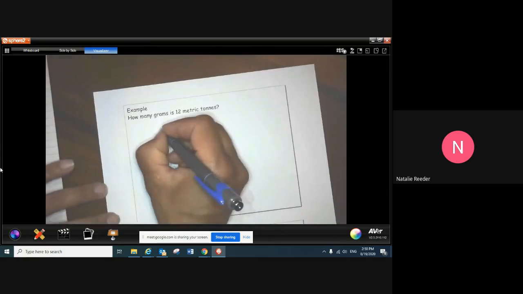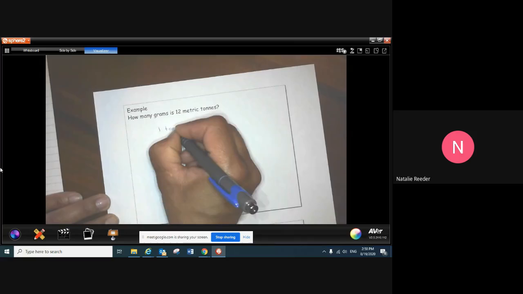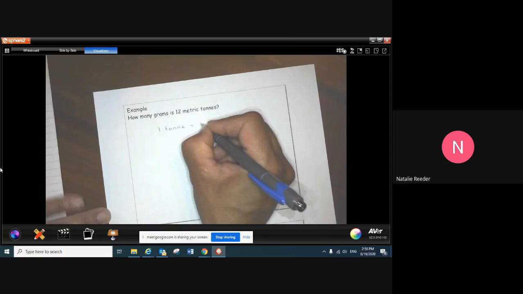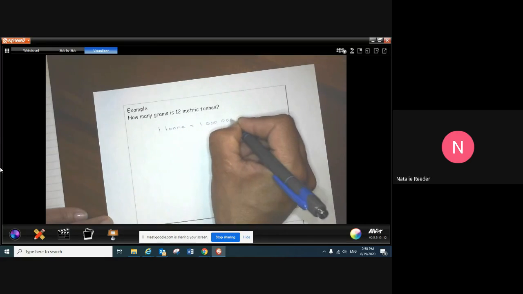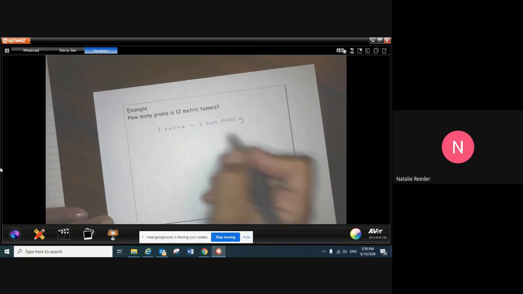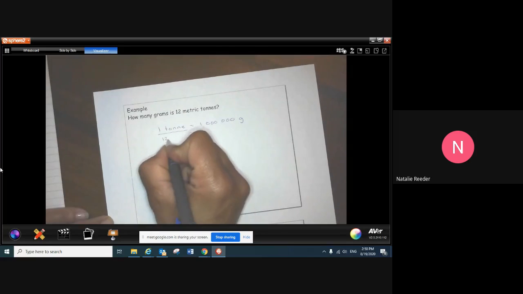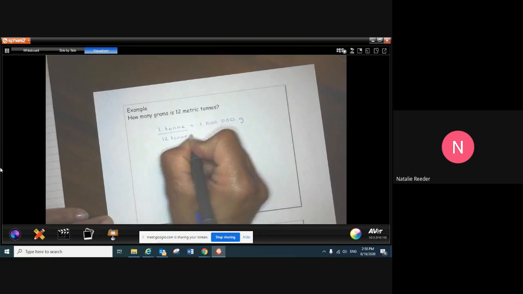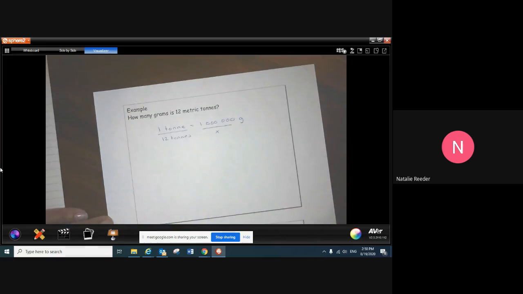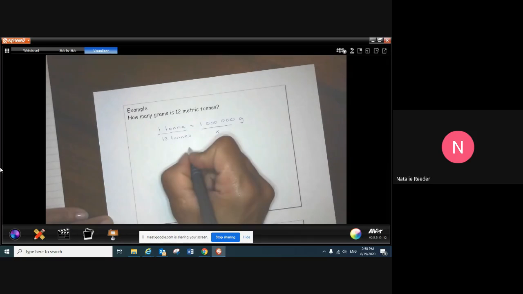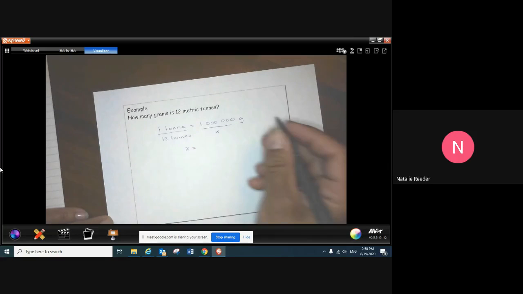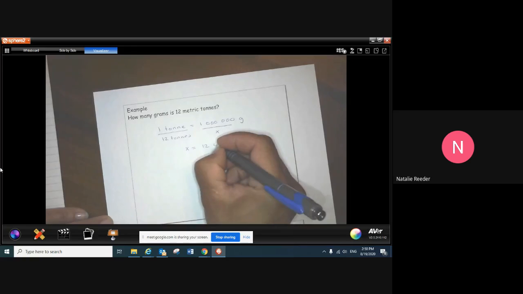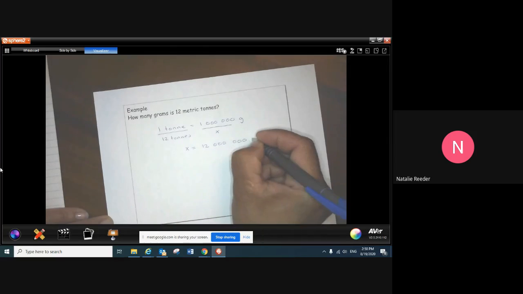So 1 ton is equal to 1,000,000 grams. Now I've got 12 tons, and we want to know how many grams that is. If I cross multiply, it's X times 1 gives me X, and 12 times 1,000,000 would give me 12 million. So 12 million grams.